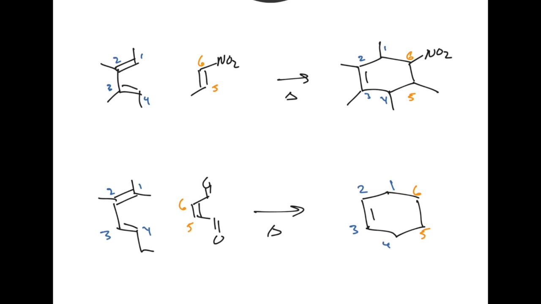I don't know why they're blue. There we go. 2 methyl groups on carbon 1. Have an ethyl on carbon 4, and methyl on carbon 2. And then 5 and 6 each have an aldehyde, so 5 and 6 are each going to have an aldehyde.